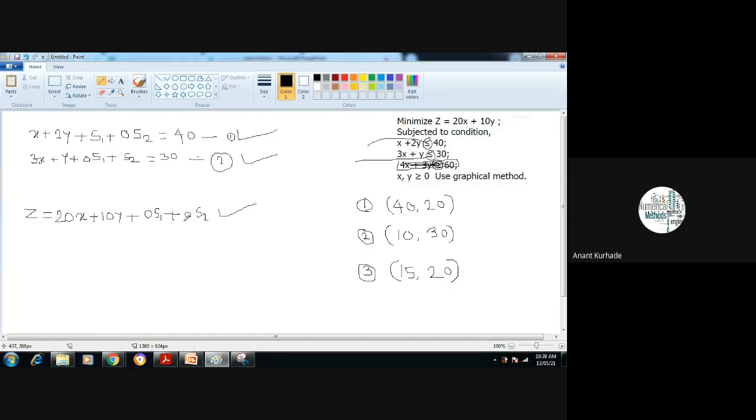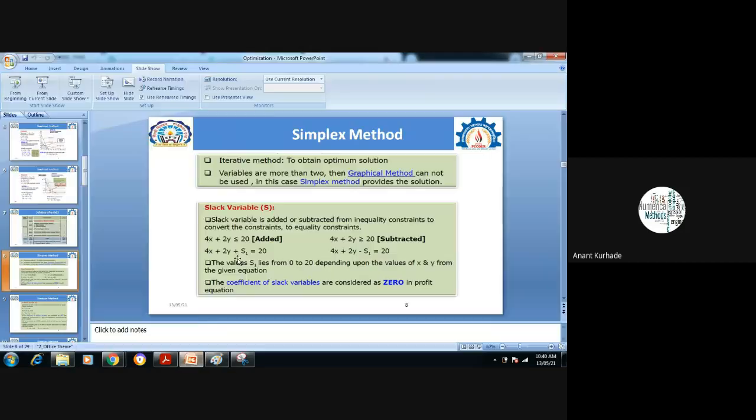If the constraints are with less than, think about only slack variables. So you have to add a slack variable in the first constraint, in the second constraint, and add slack variables s1, s2 in the objective function, but it will not affect the actual value, so you put the coefficient as 0.